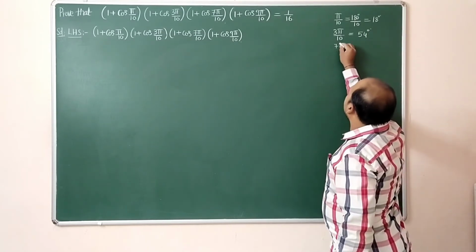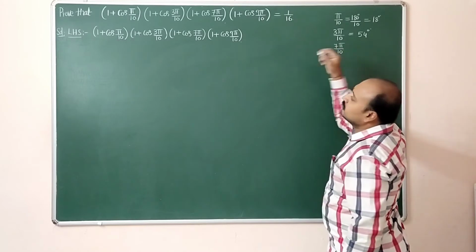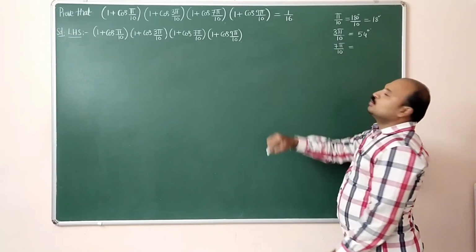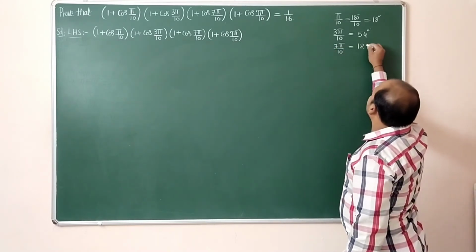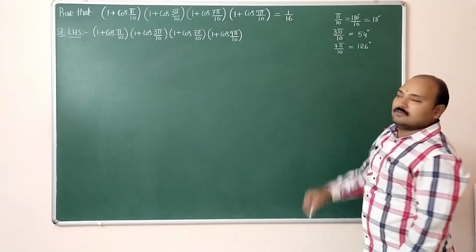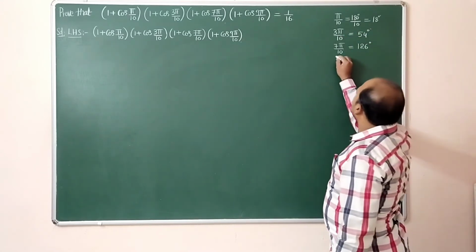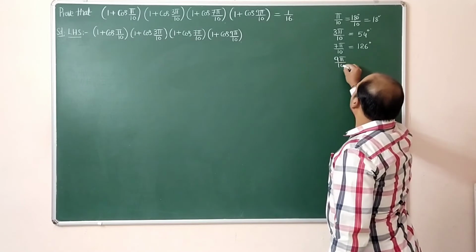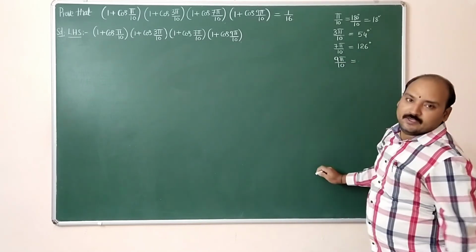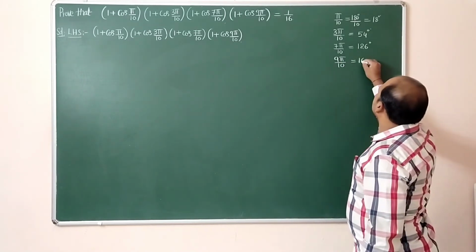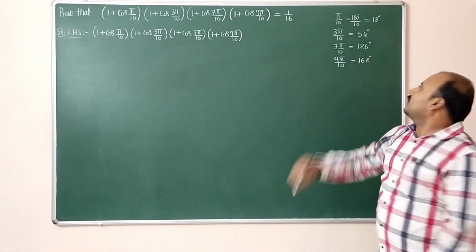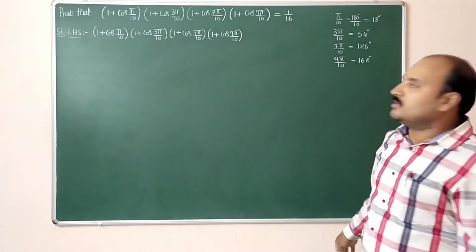Next, 7 pi by 10 is equal to 126 degrees, 18 into 7. Next, 9 pi by 10 is 9 into 18, which is 162 degrees.